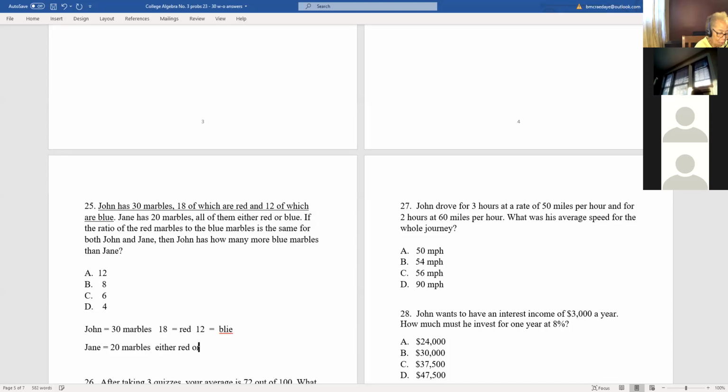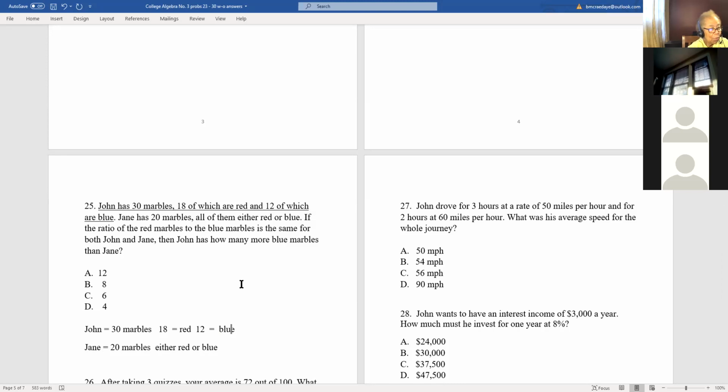Either red or blue. All right. Now, if the ratio of the red and the blue are the same, we can get John's ratio, because we know how many red and how many blue.